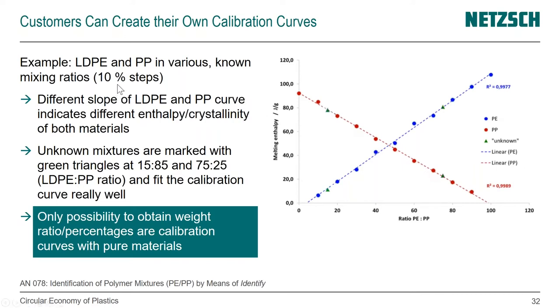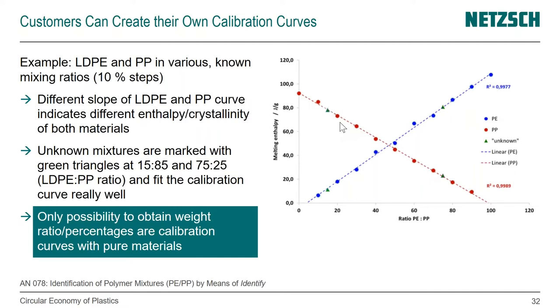When we do that in 10% steps, we get, for the LDPE, a melting enthalpy curve as a function of mixing ratio, and for the PP, we get a curve. And the different slopes of these curves already indicate that we have different enthalpy and crystallinity of both materials.